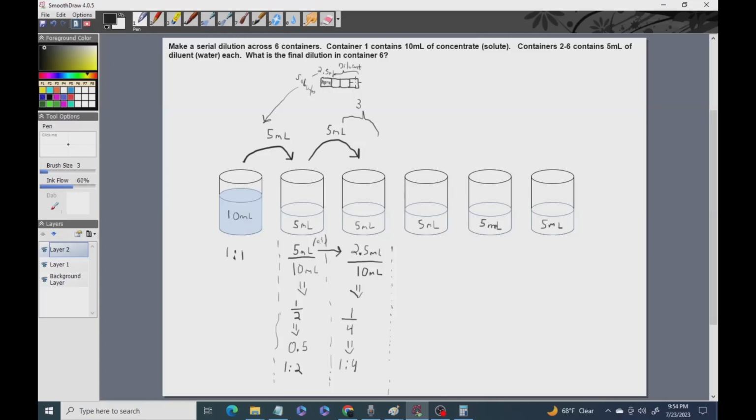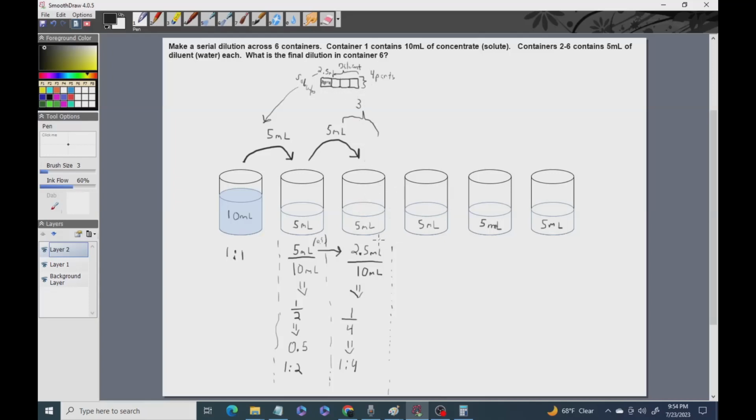But we have a total of 4 parts. So this is 4 parts total. But 1 part out of the 4 total parts represents our dilution. Okay. So that's a way to think about it also.